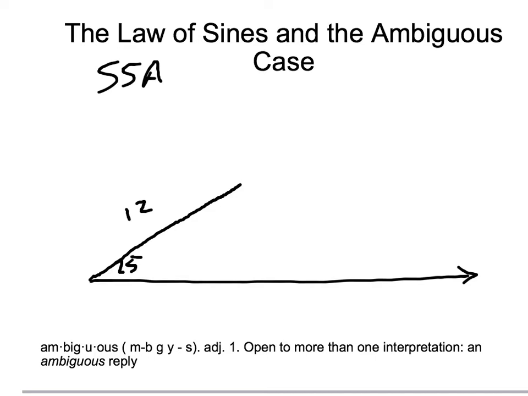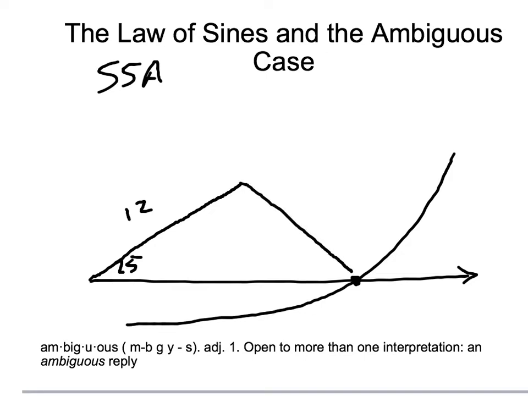Center point at the vertex and radius set to the side length that you want. When you swing your circle, wherever that circle hits this third side is the third vertex of your triangle.